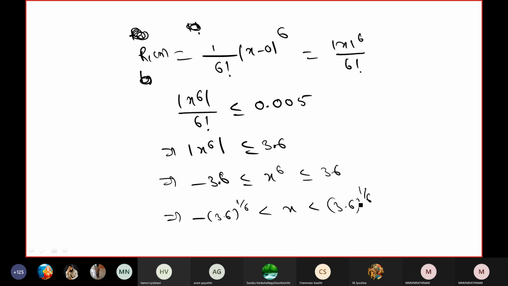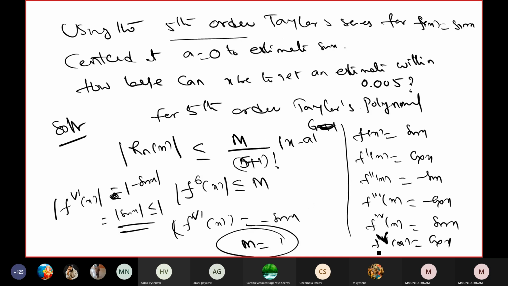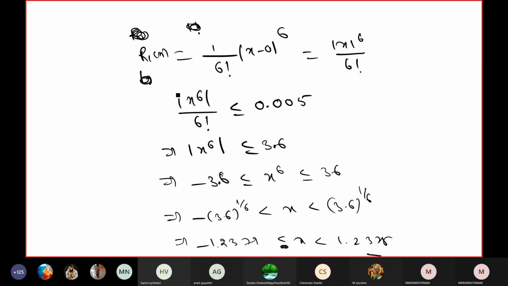That is minus 1.2379 to 1.2379. So the largest, what they are asking, how large can x be, the largest x will be 1.2379.